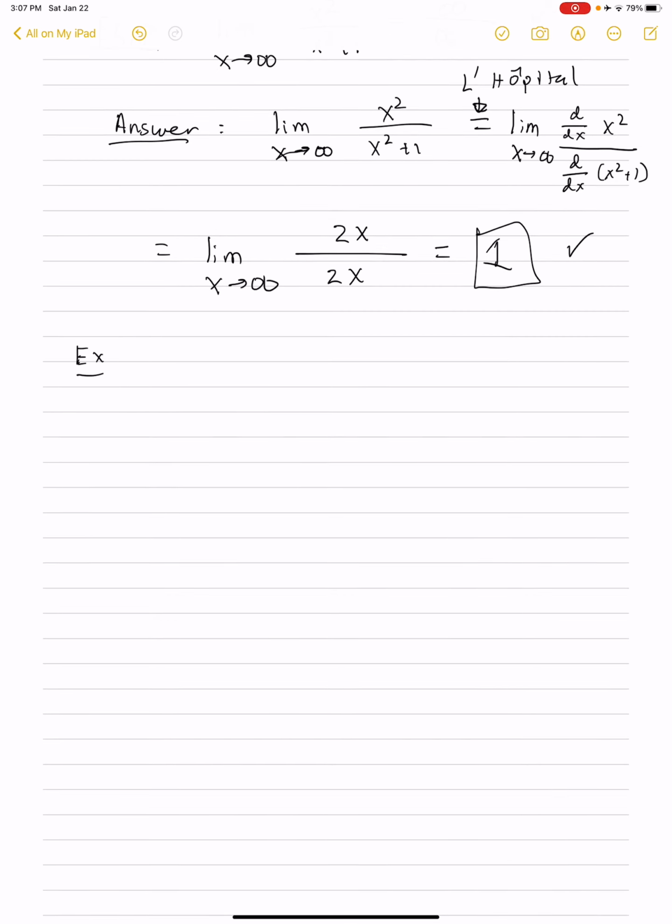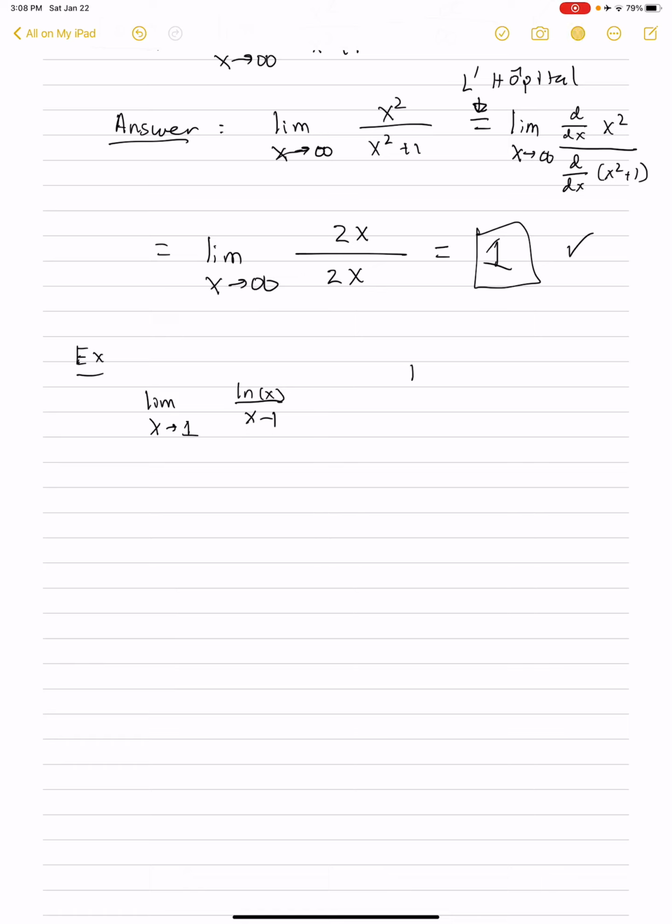Okay. And let's do this limit. Limit as x goes towards 1 of ln of x divided by x minus 1.